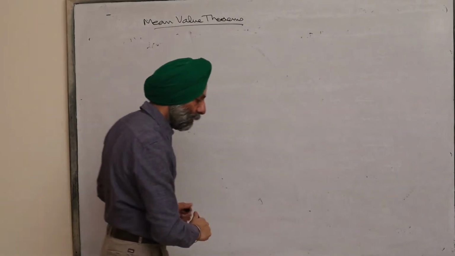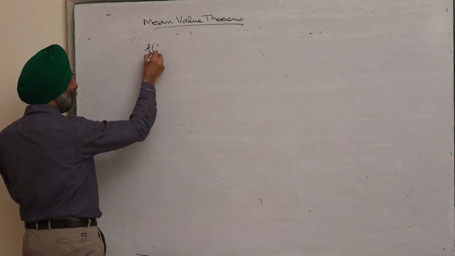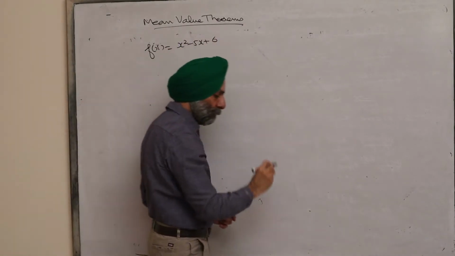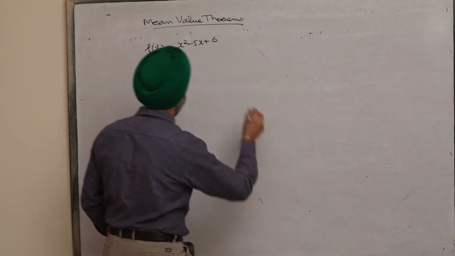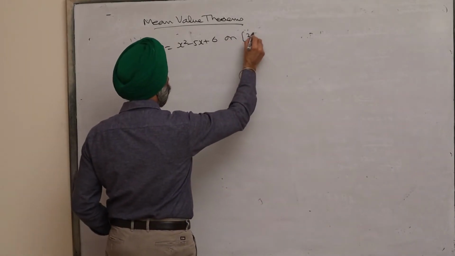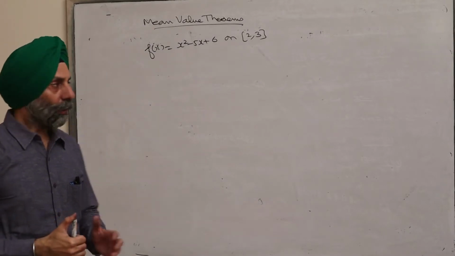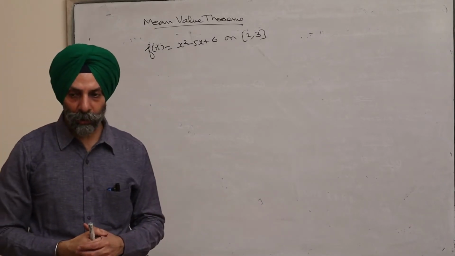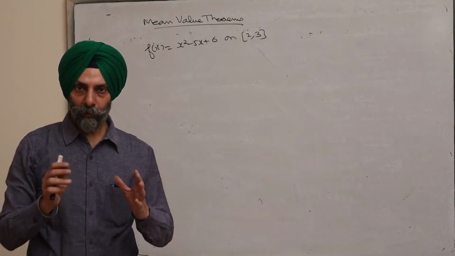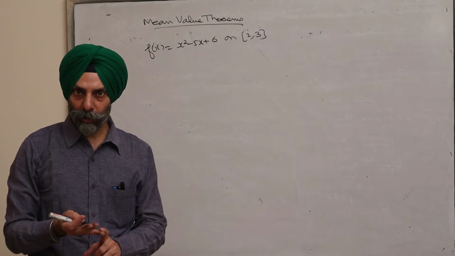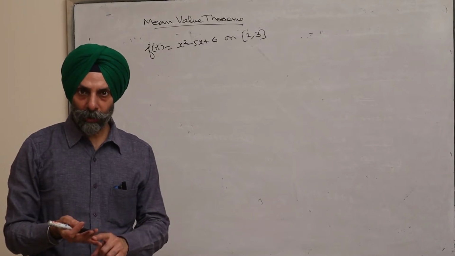Now next is Rolle's theorem for the function f(x) = x² − 5x + 6 on the interval 2 to 3. Now what are the arguments by which we are going to satisfy all the three conditions for this function? We will simply say that, first point, being a polynomial it is continuous, and being a polynomial it is differentiable.